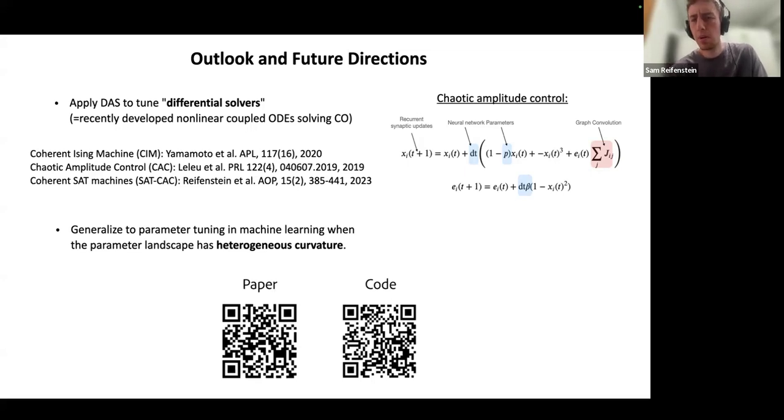So being able to tune the parameters of these algorithms is essentially parallel to training the parameters of certain types of neural networks. We wanted to make that connection, and we also wanted to see if our algorithm, once we tested it out, was going to be possibly useful for training much larger models. One reason it might be useful is its ability to compensate for this heterogeneous curvature of the energy landscape.